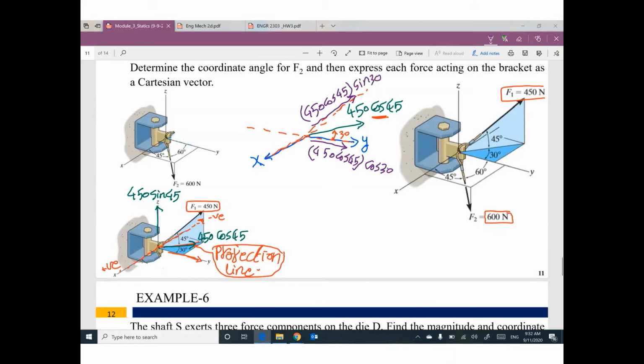So final conclusion, F1x will be negative 450 cosine 45 sine 30.